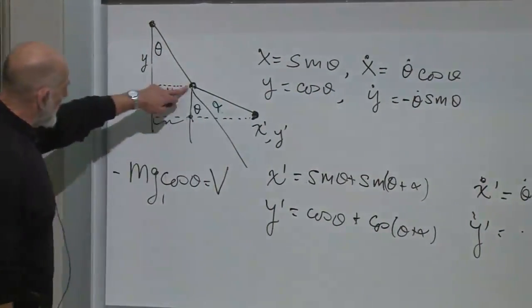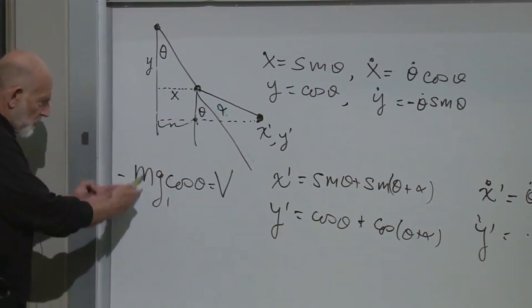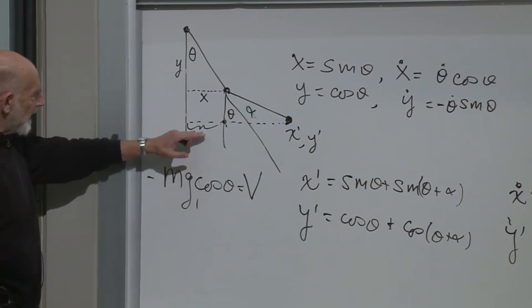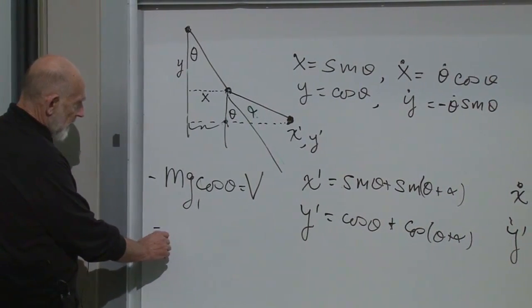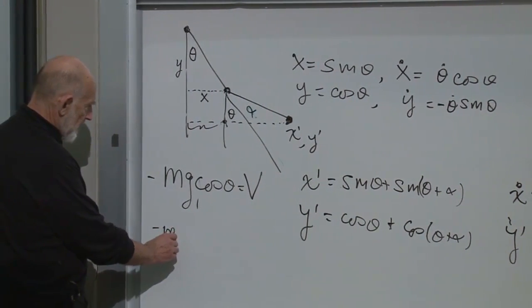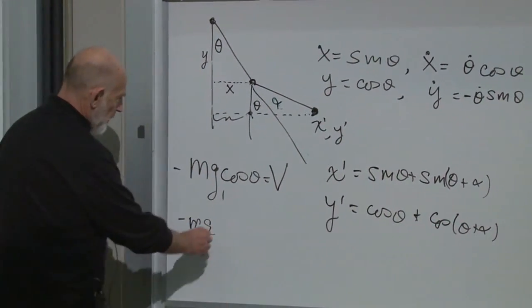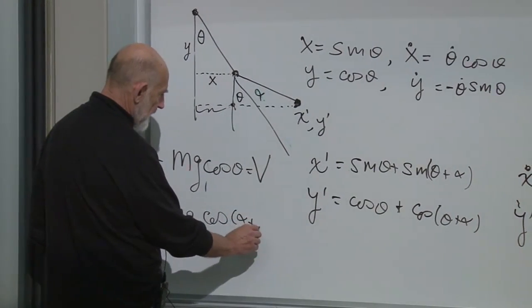That's only the first mass. And incidentally, since the mass is 1, it's just g cosine theta. That's only the potential energy of this one. And the potential energy of the other one would be minus mg cosine, I guess it's cosine of alpha plus theta.